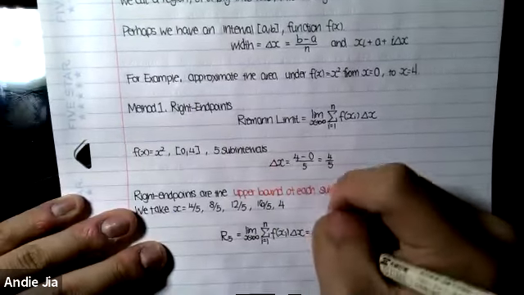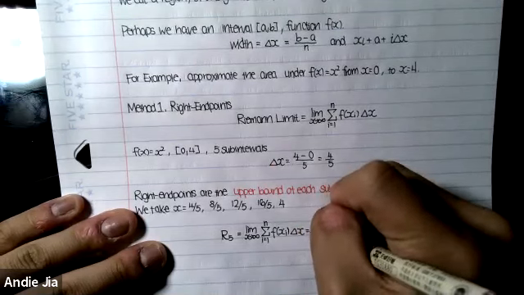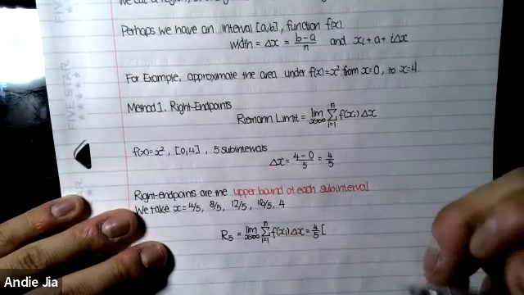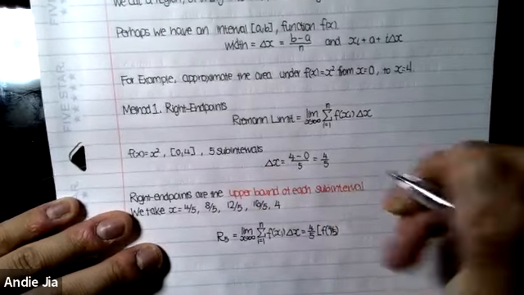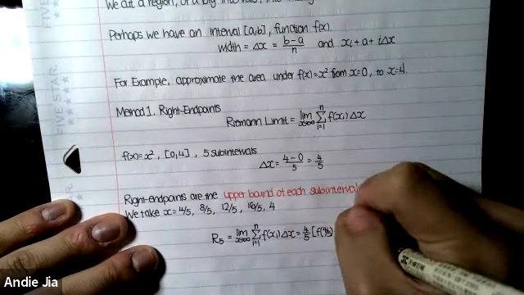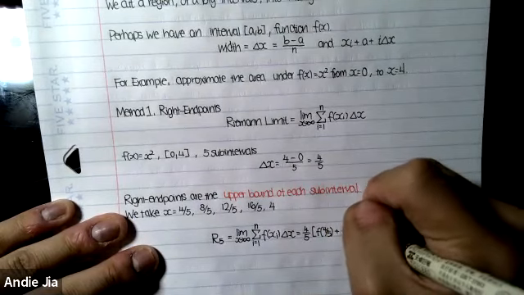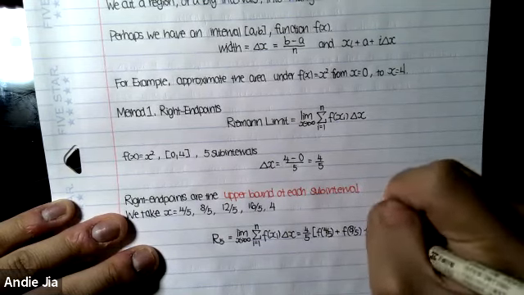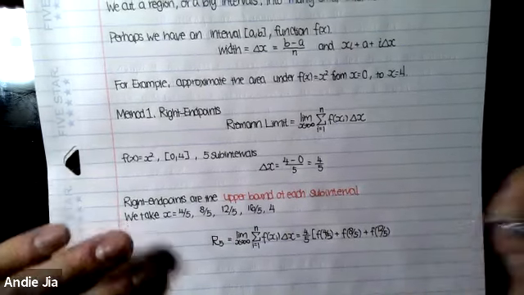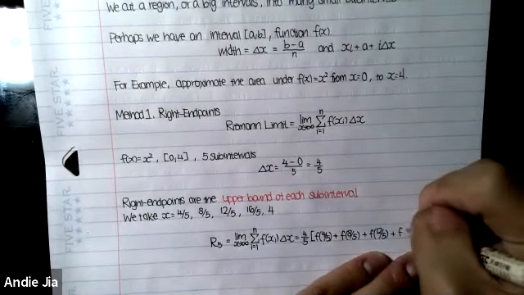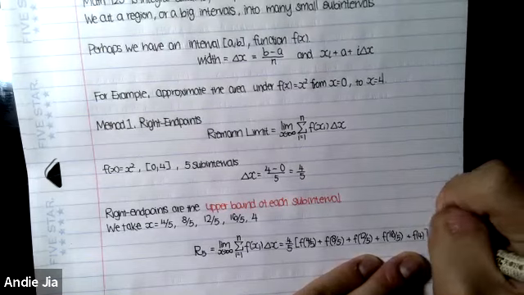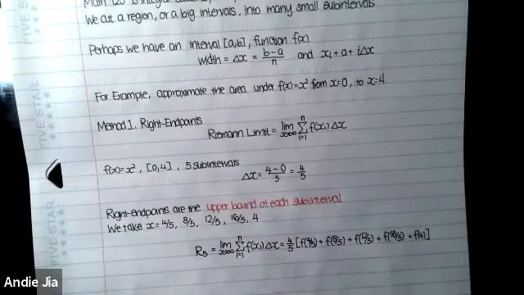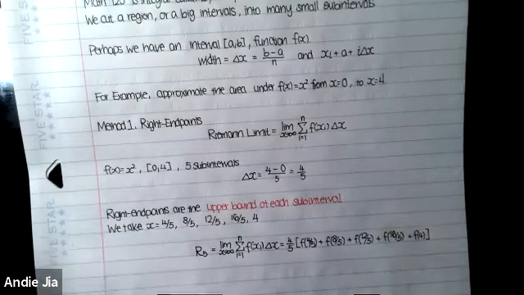What we have is that h is 4 over 5, times f of 4 over 5 plus f of 8 over 5, plus f of 12 over 5, plus f of 16 over 5, and f of 4. Then we compute its value and multiply it up here.